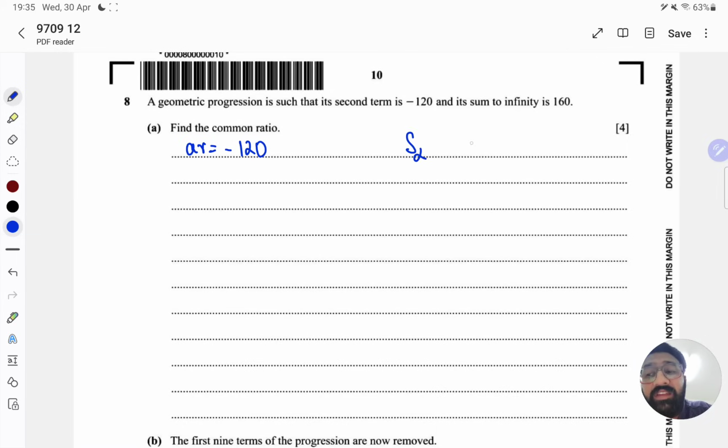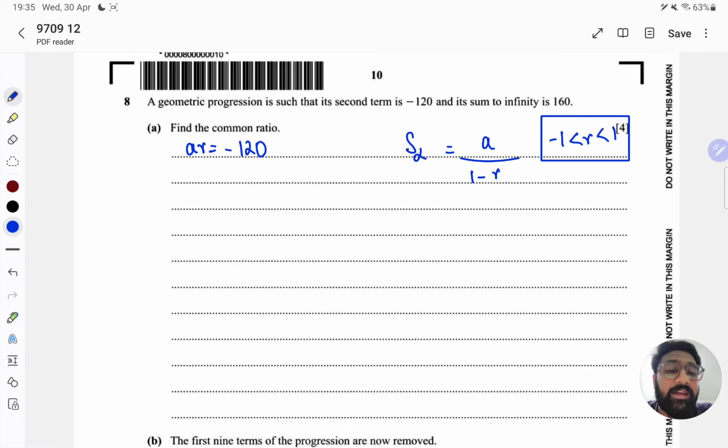So the sum of infinity formula is A divided by 1 minus R. Remember that the sum of infinity formula is only applicable when the value of R is between -1 and +1.